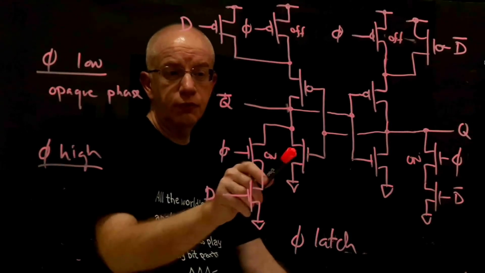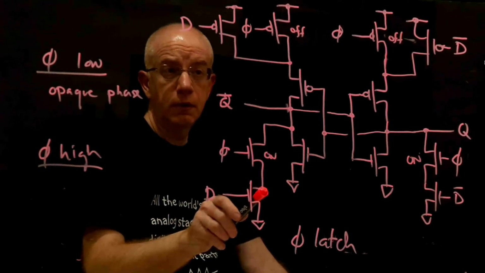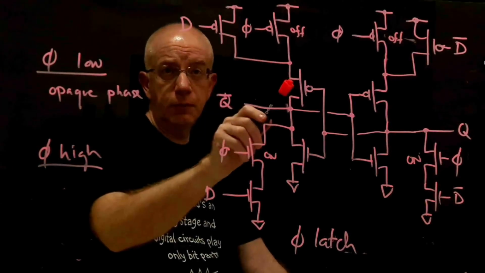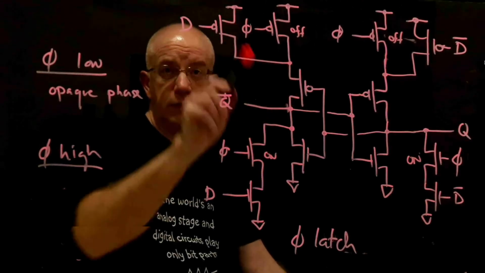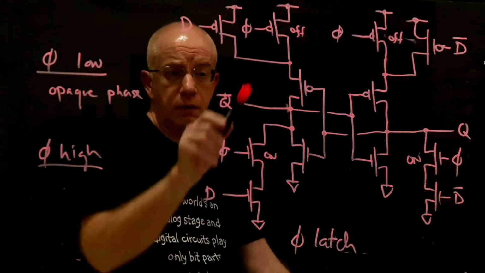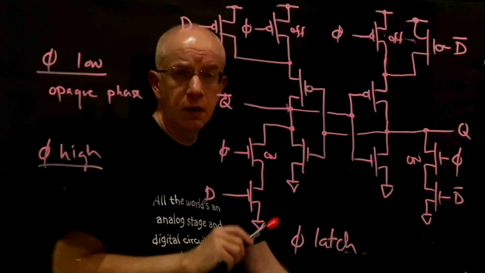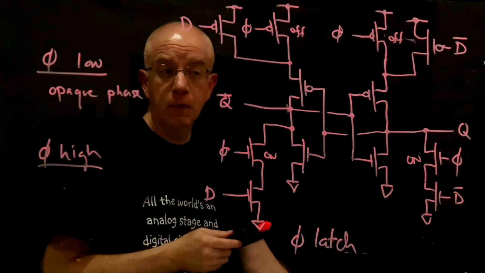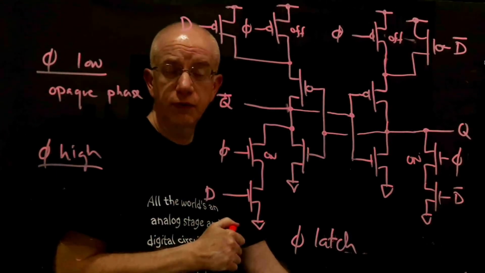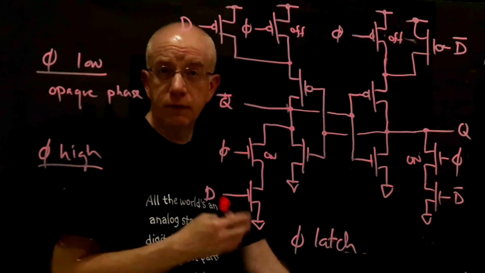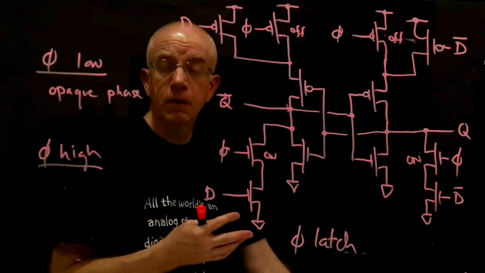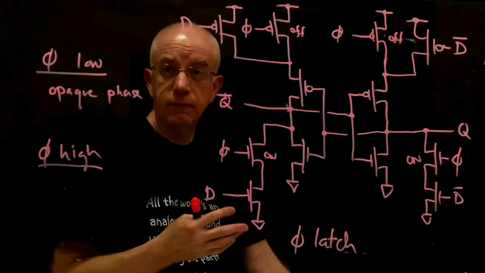So those two transistors are in parallel in the pull down. And then we've got the D and the Q transistors in the pull-up network through the only potential path in series with each other. And so that means that these four transistors form a NOR gate. Okay, so effectively, the two halves of this latch are a pair of cross-coupled NOR gates, and that would give you kind of a classic set-reset latch behavior during the phi high phase.